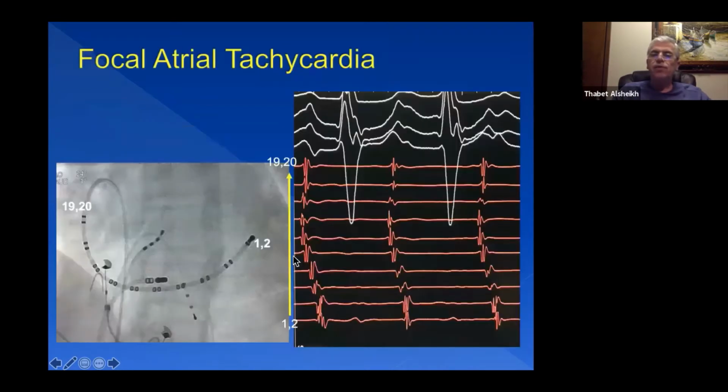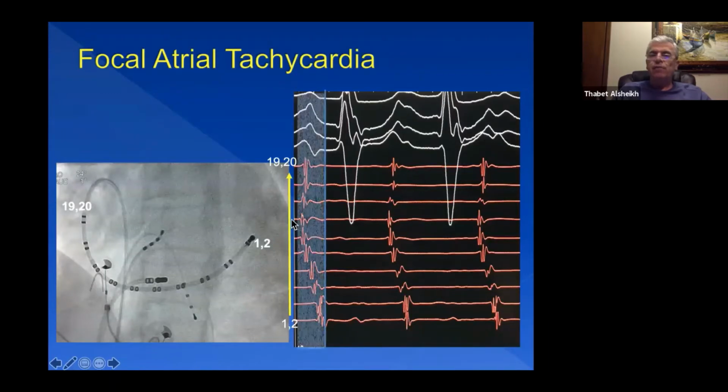So let's look at this example. We have the duodeca, and these are the 20 poles, distal 1, 2, 3, 4, 5, 6, going to the proximal 19, 20. We have atrial tachycardia, and you can see QRS, P within the T wave, QRS, P within the T wave, and then the QRS to follow there. But look at the atrial activation time.